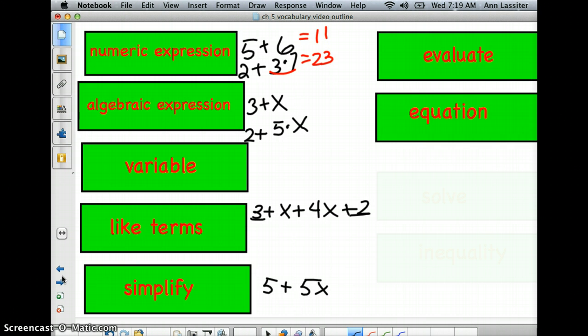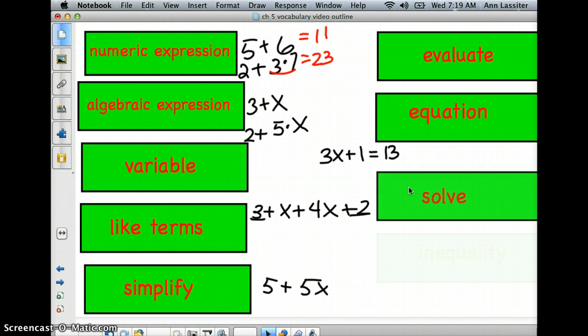So for instance, I could have 3x plus 1 equals 13. Because there's an equal sign, it's automatically an equation.